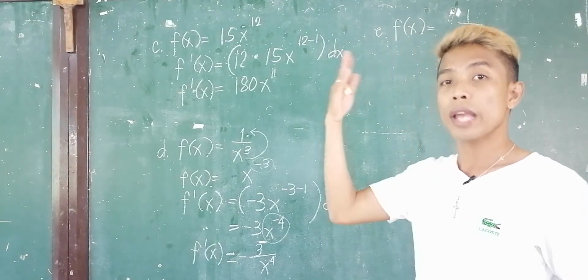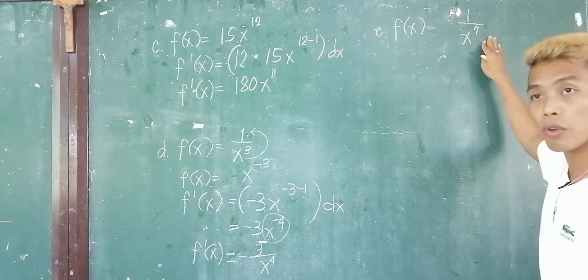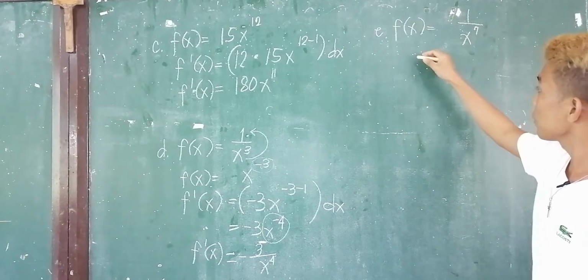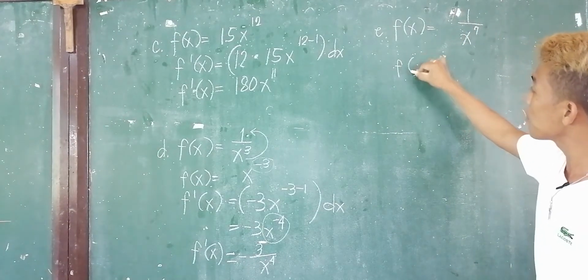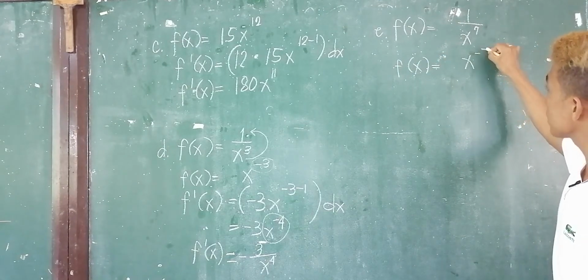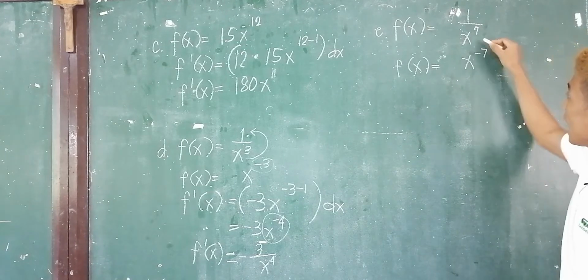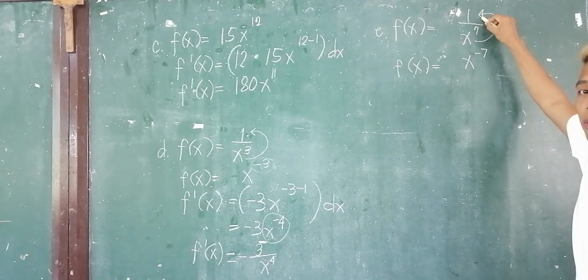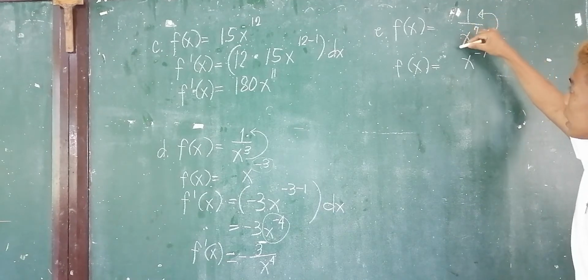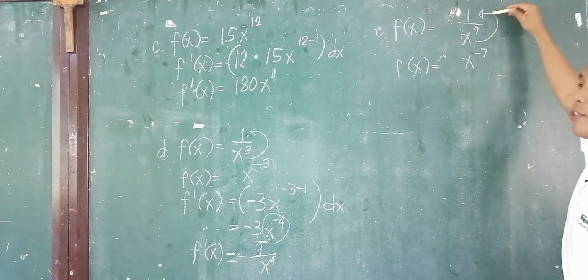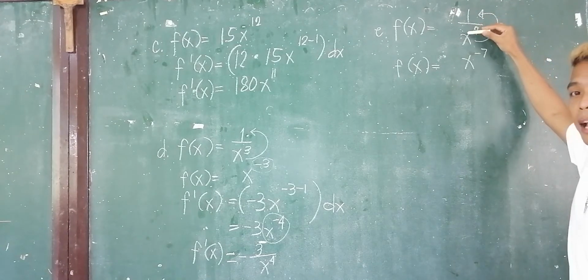x raised to n. Hindi pa siya naka-x raised to n, kaya aayusin natin siya dahil fraction pa siya. We will have f of x equals x raised to negative 7. Iaakyat natin si x raised to 7 doon sa numerator. Dahil kinuha natin itong x raised to 7 dito sa denominator at dinala sa numerator, wala na tong nasa denominator.